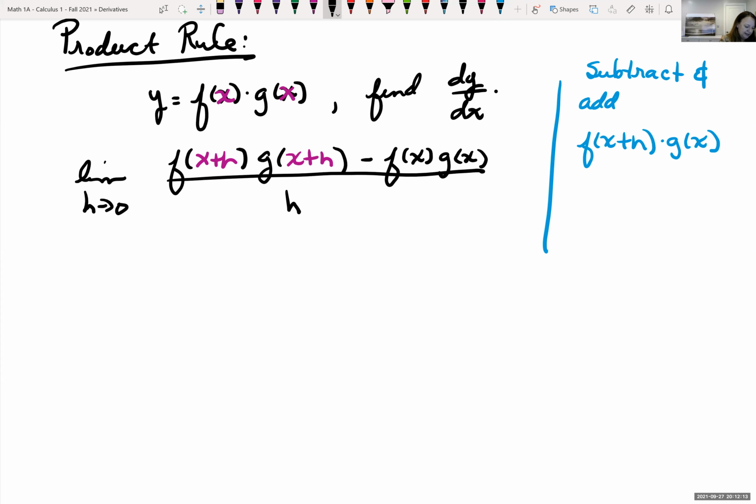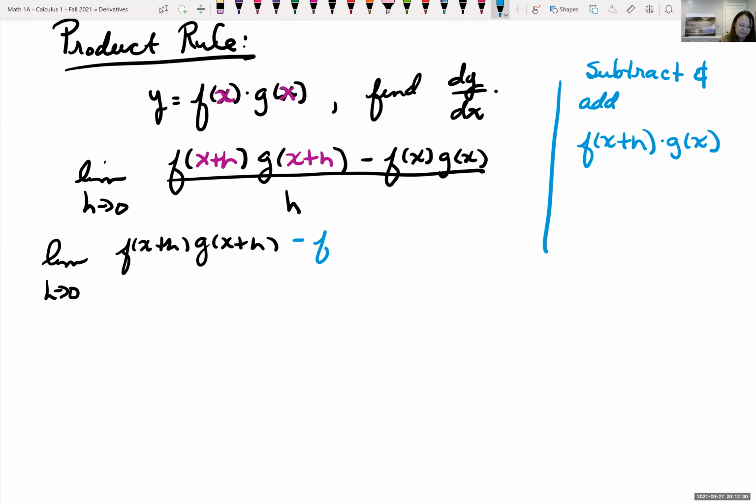So rewriting this, I have the limit as h goes to 0 of the first piece, f of x plus h times g of x plus h. This is where I'm going to subtract and add the same thing.